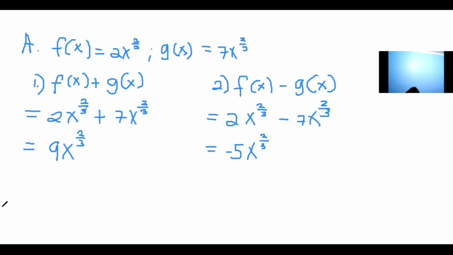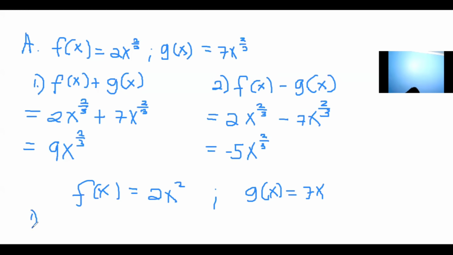But I have here a question instead. What if my f of x is equal to, for example, 2x squared, but my g of x is equal to 7x. Alright, so if I'm going to add, okay, so number one, for example, we're going to add f of x and your g of x. Okay, so look at this time, children.